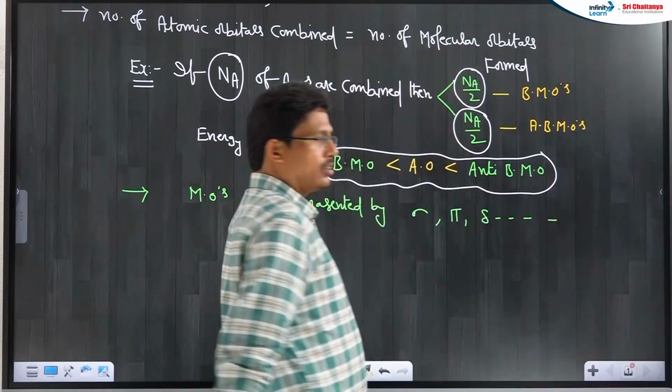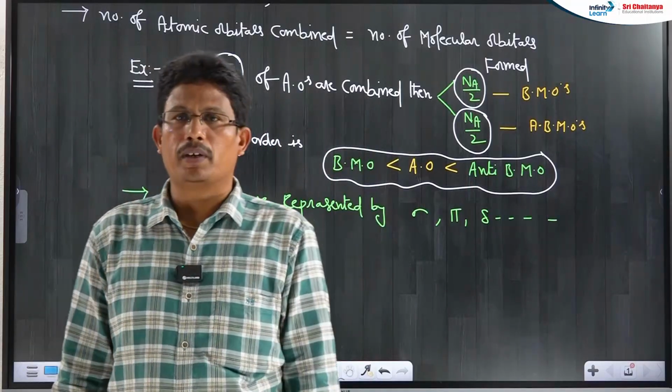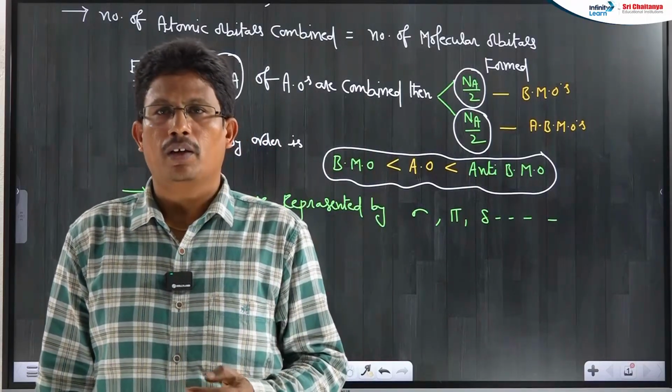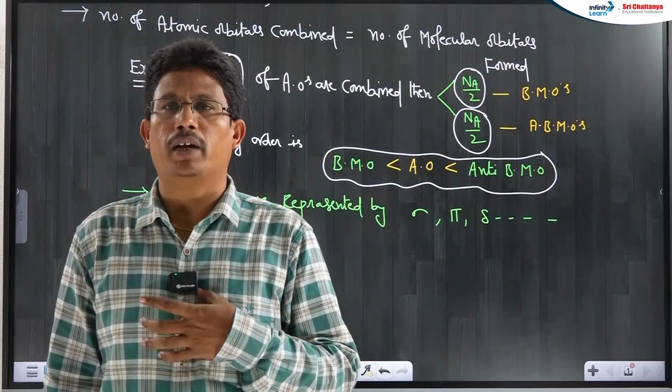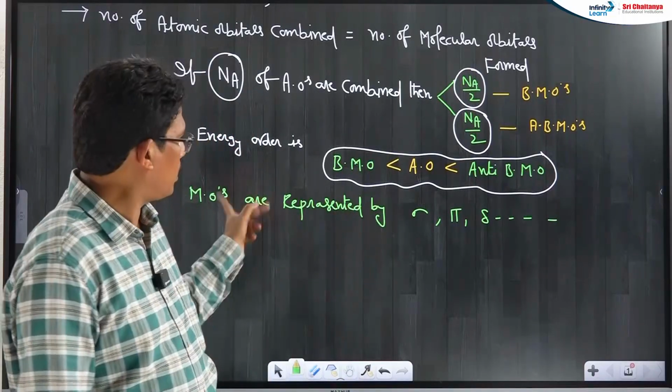You know already atomic orbitals are represented by s, p, d, f. When s, p, d, f orbitals combine linearly, we get molecular orbitals.